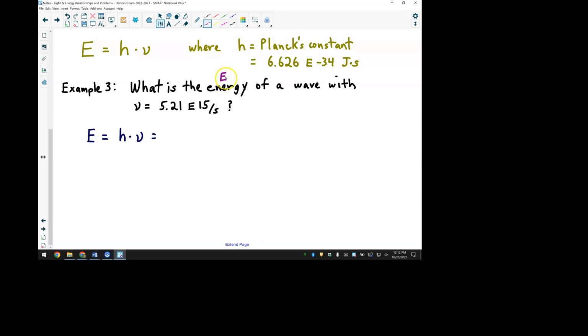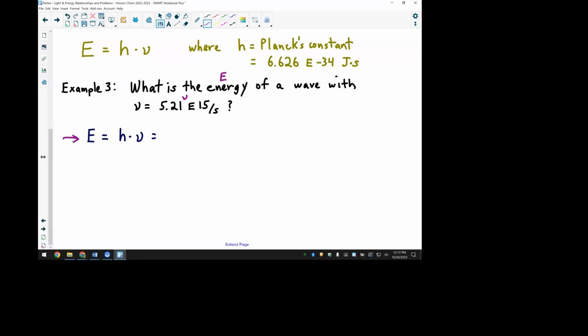Energy is E. Frequency is nu. So, I need the equation that has energy and frequency in it. That's the second equation. I'm not going to use the first equation. That has lambda in it. That ain't going to get me nowhere, is it? Not with this problem.